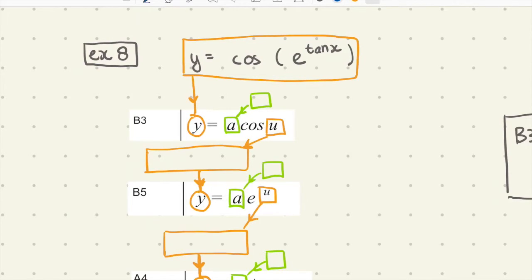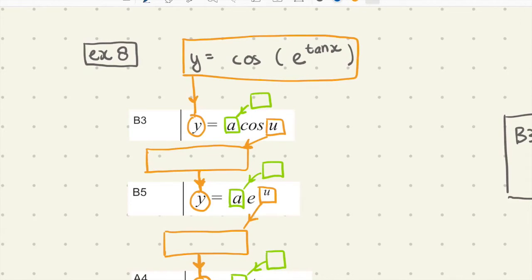The equation also contains e power something, which means you're going to use formula B5, and there is tangent x there, which means you're going to use formula A4.